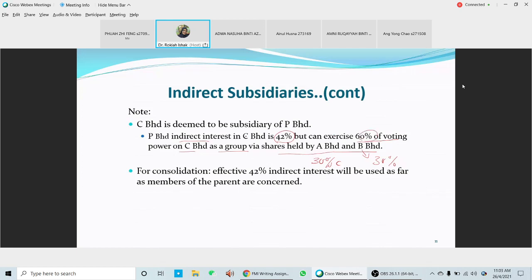So even though P's interest is only 42% indirectly, they can control C through A and B.